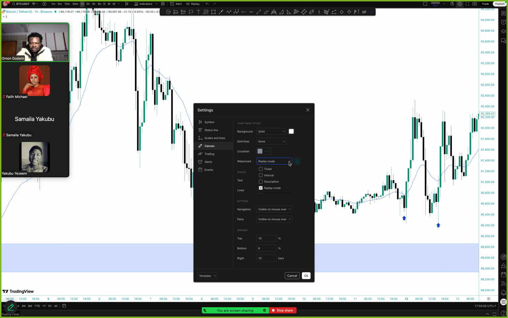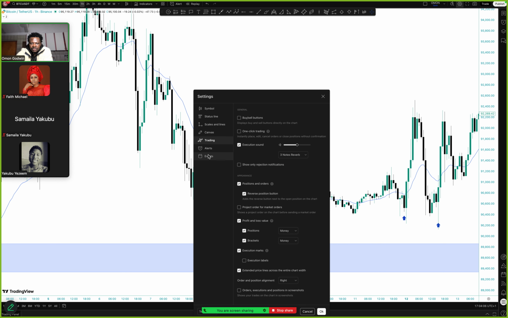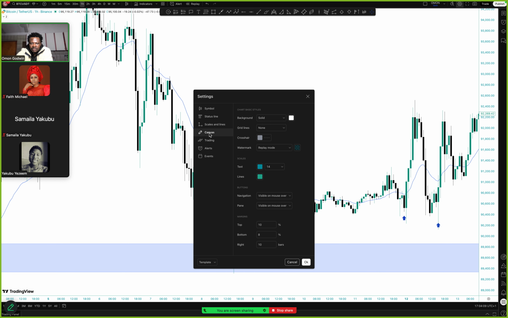Let me see. Watermark. No, not that. Where do we find it then? Oh, not that. Let me check this. It's supposed to be that one. Canvas. Oh, I forgot about this thing. It's supposed to be here now. Not there. Replay mode, not that. Oh my gosh, I can't remember again.